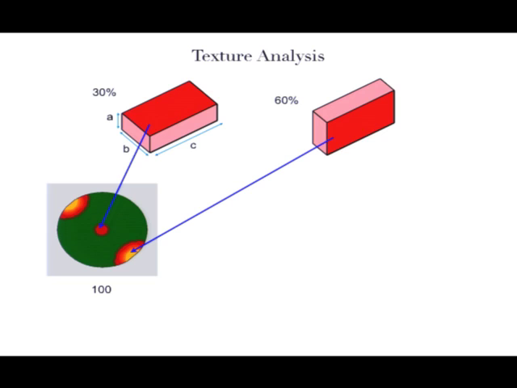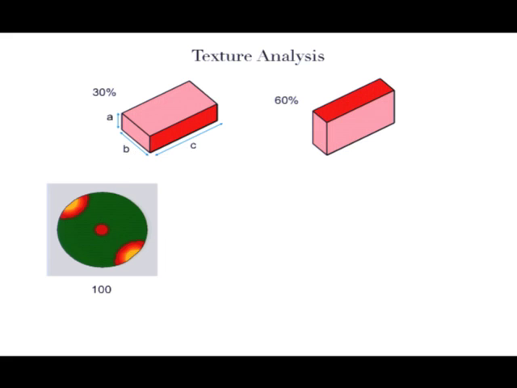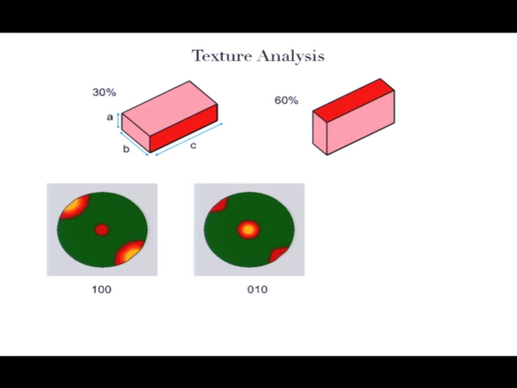So we have different intensities in your pole figure. And if I do it for the other one, the 010 reflection, we get a similar orientation at a different 2 theta value, of course, but now we have the intensity reversed.